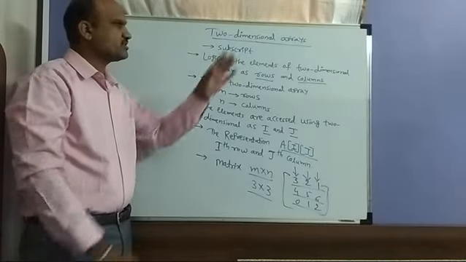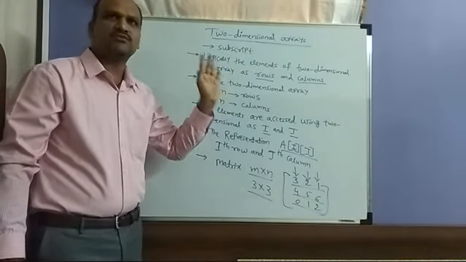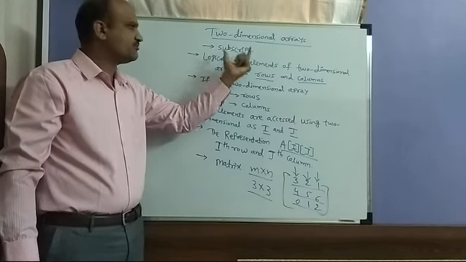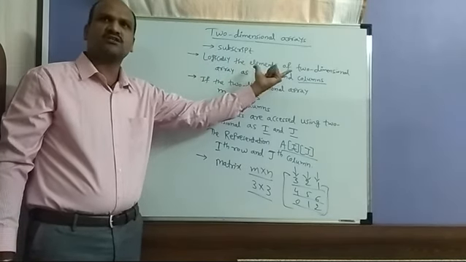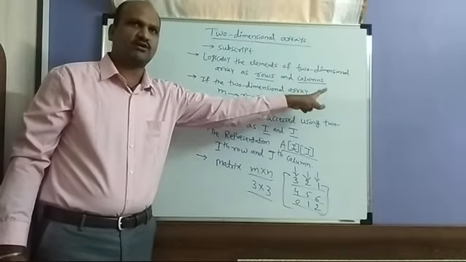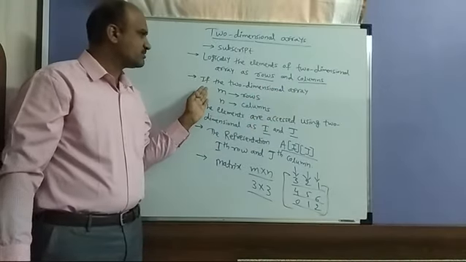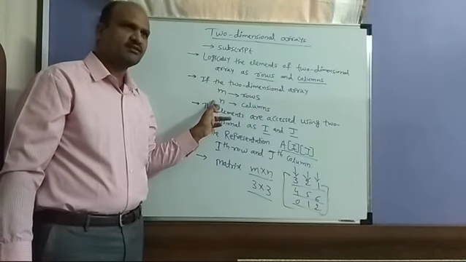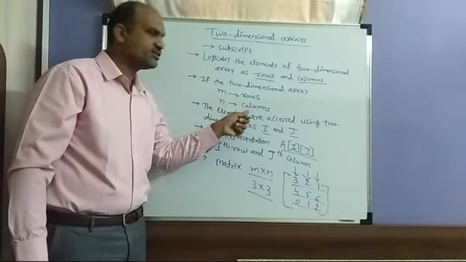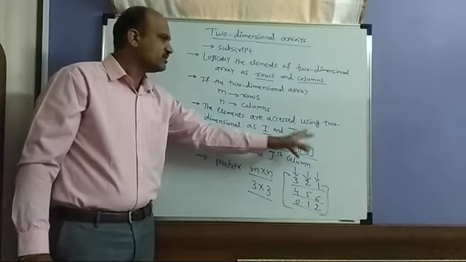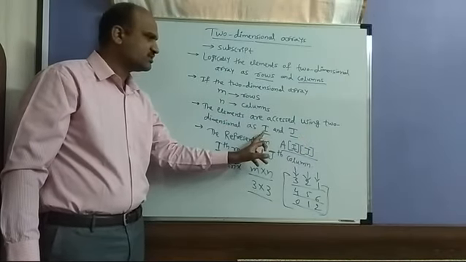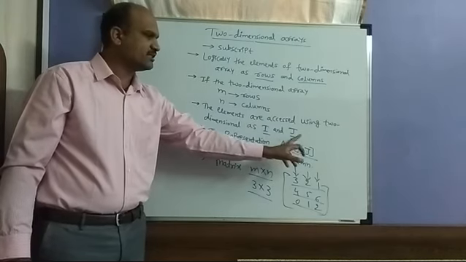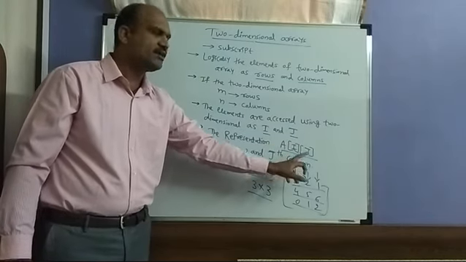To recap, the elements are identified by a pair of indices called the subscript, and logically the representation of the two-dimensional array is with rows and columns. We use m for rows and n for columns, and to access them we use i and j, that is, a of i, j.